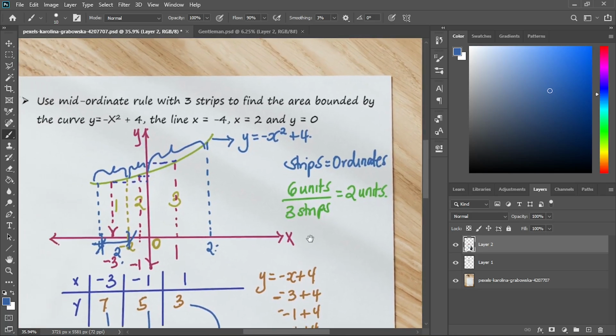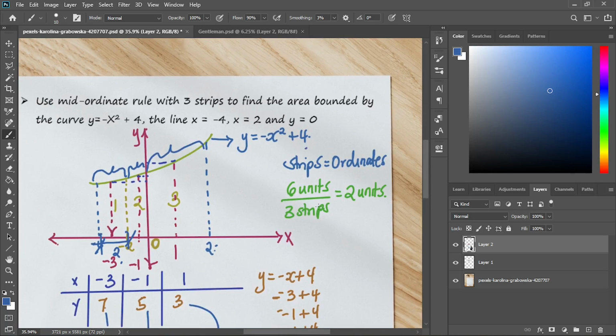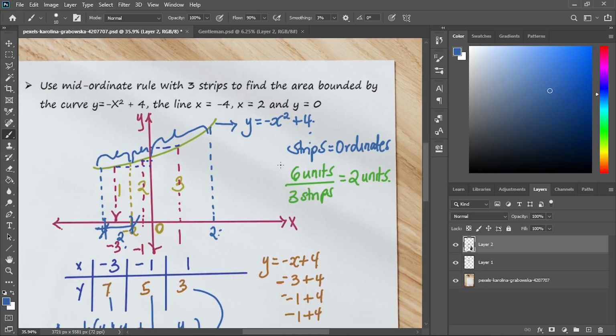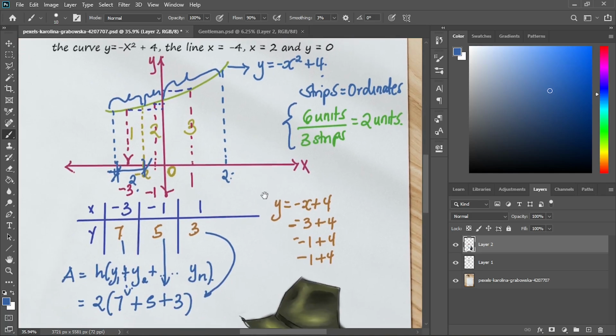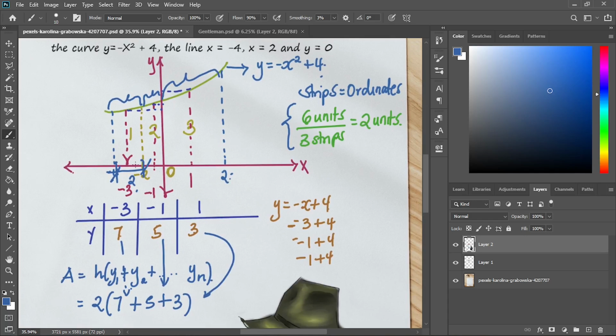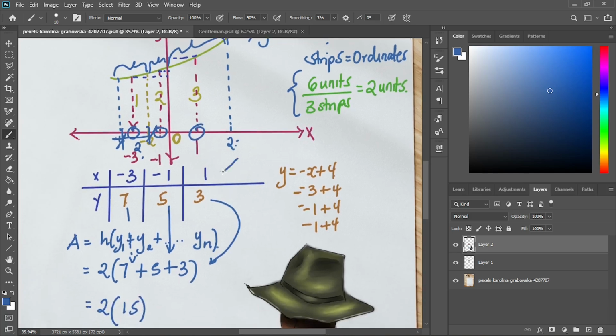So you have to keep in mind, for the mid-ordinate rule, the strips will be equal to the ordinates, and this is how you know the width of each strip. You take the units between those two extremes, negative 4 and 2, and then divide by the number of strips that you want, which is 3. Then from there, the ordinates will be gotten from where the value of x is originating at the middle of each strip. Those points, I put them in a table.